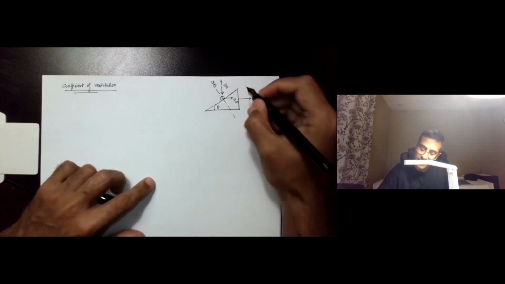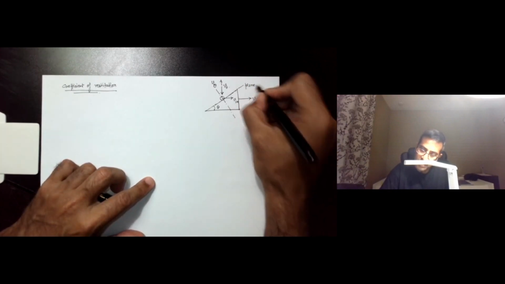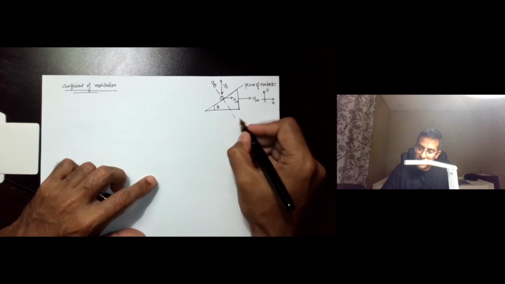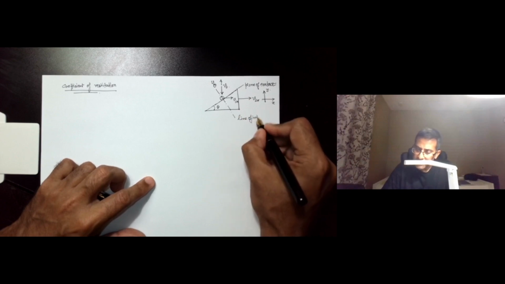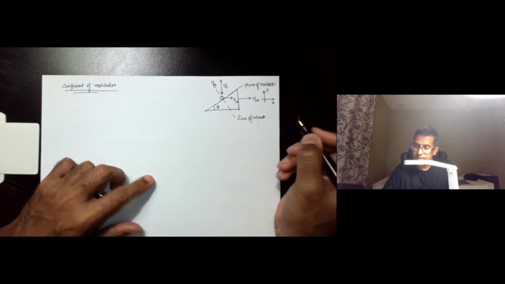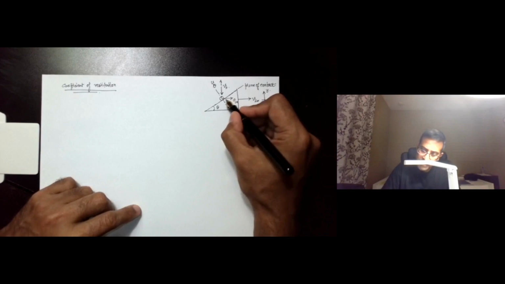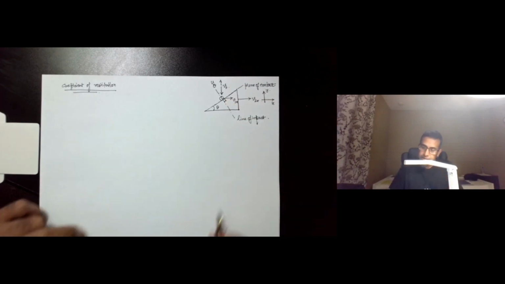And note that this is the plane of contact, and this is the line of impact. The line of impact is perpendicular to the plane of contact.